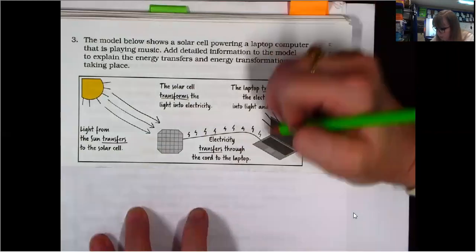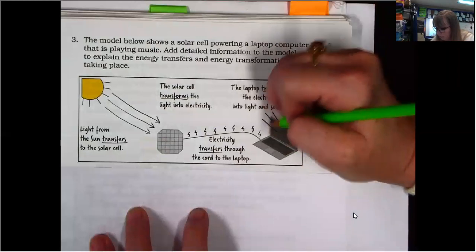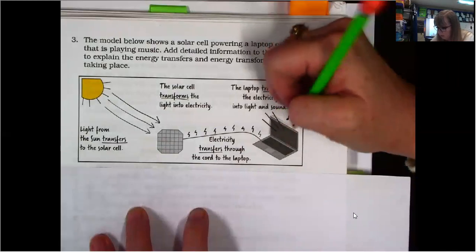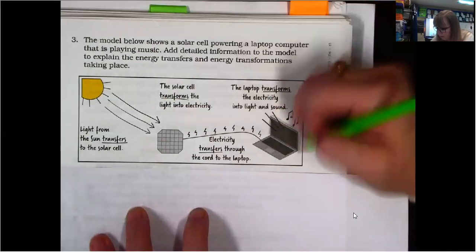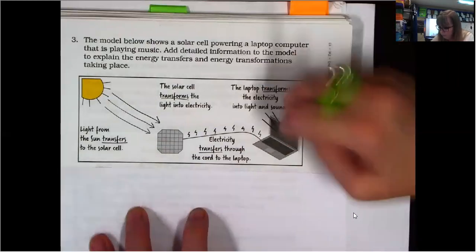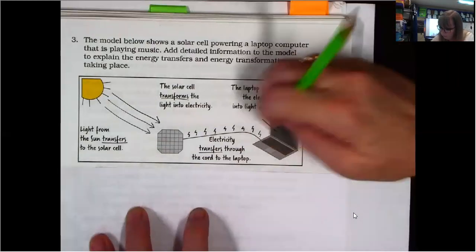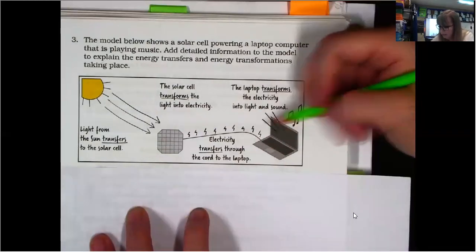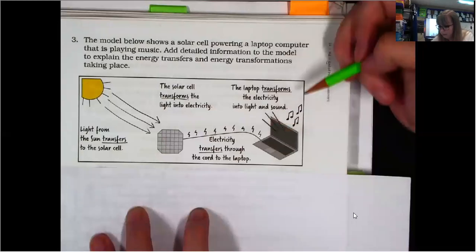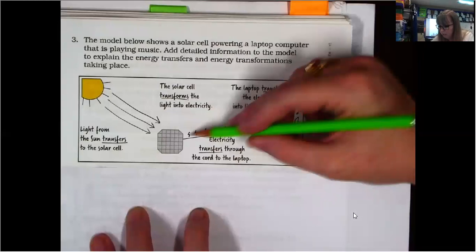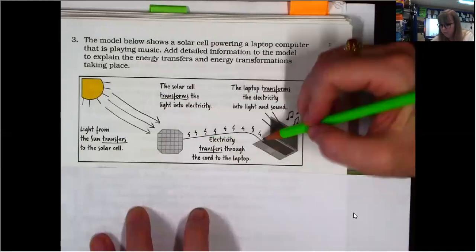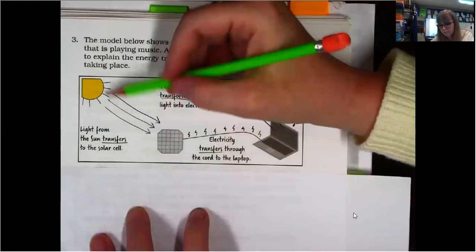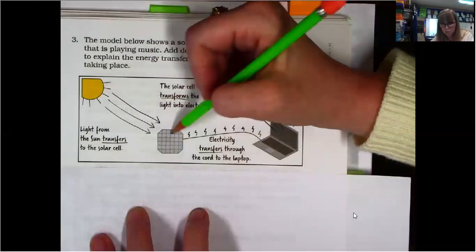If you want to show something like this to show me that the computer's glowing, do it to your heart's content. It'll remind me of my LED speaker. With those words and these lines, music shows me sound. These little things show me there's electricity going through. These arrows show me that light is going from the sun to the solar cell.